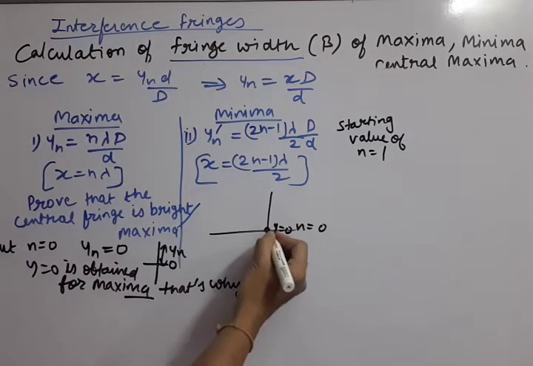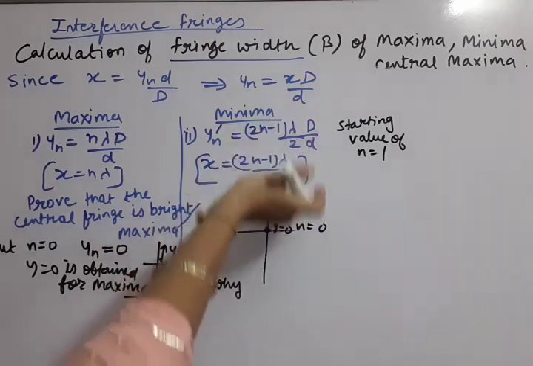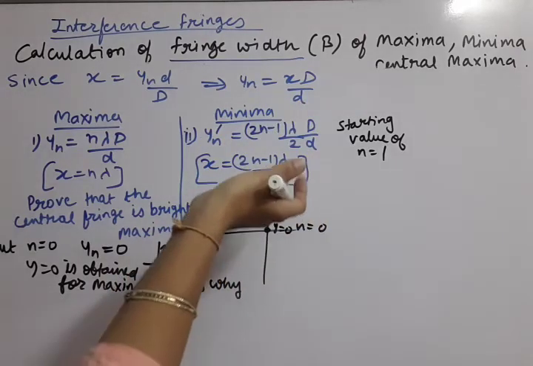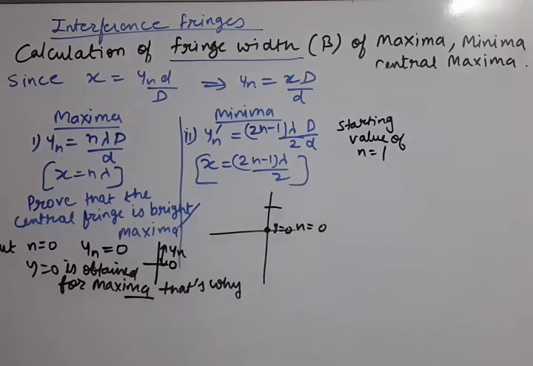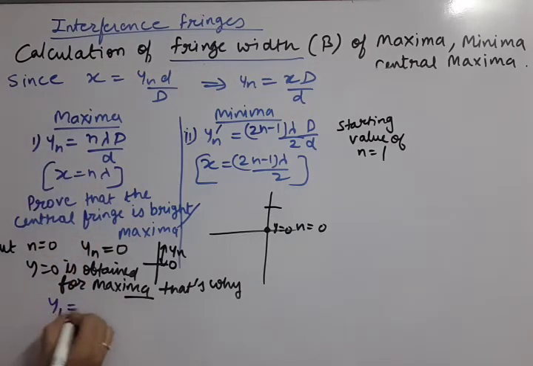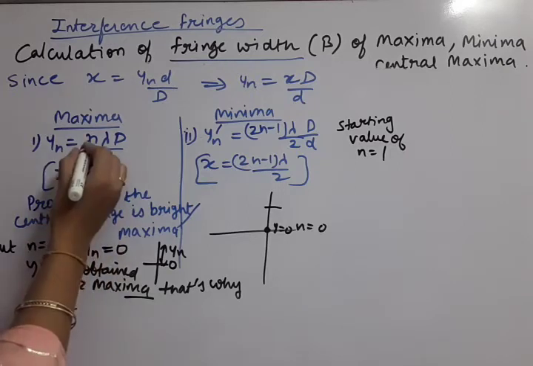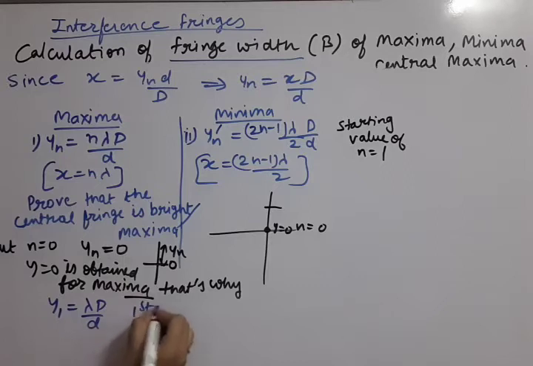Now on this screen, at what distance will the first bright be obtained, and the first dark? For the first bright, put n equal to 1. So the displacement of the first bright comes to lambda D by d.